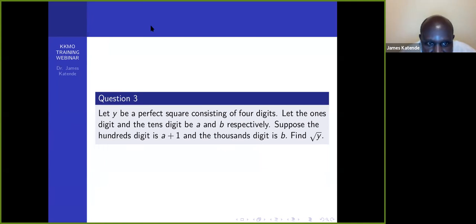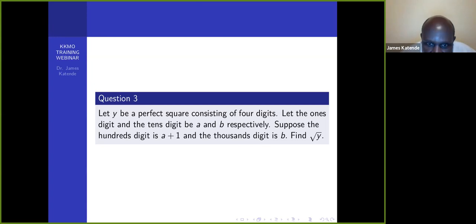So the next question says: let Y be a perfect square which consists of 4 digits. Then we have some more information about Y. The ones digit and the tens digit are A and B respectively.